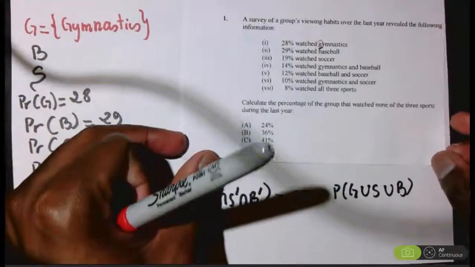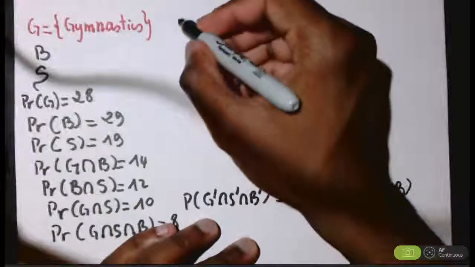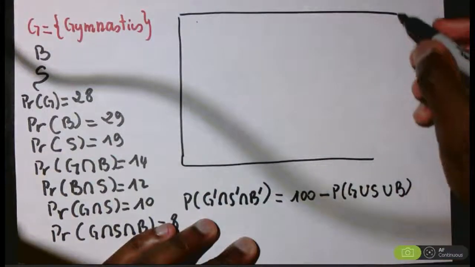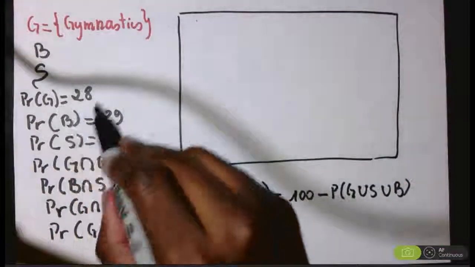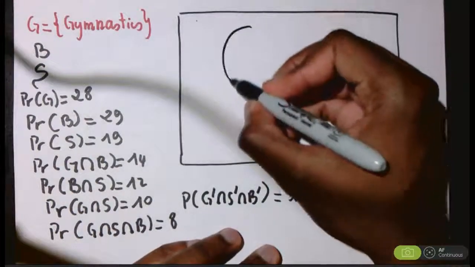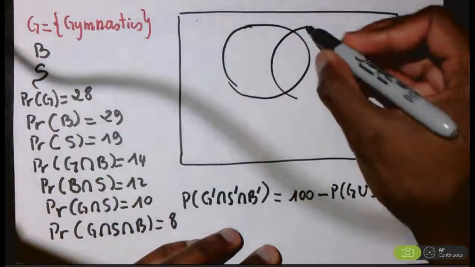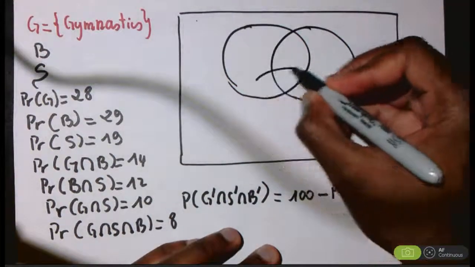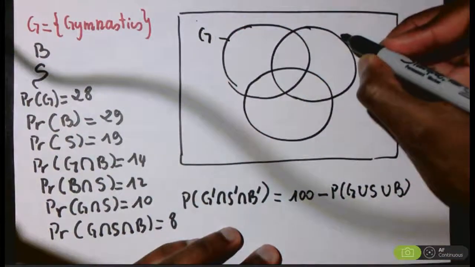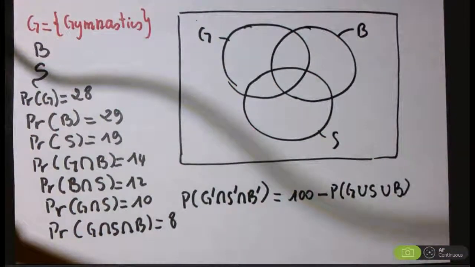So we're going to do a Venn diagram. I'll draw a box, and since we have three major events, G, B, and S, I'll draw three circles that represent gymnastics, baseball, and soccer.